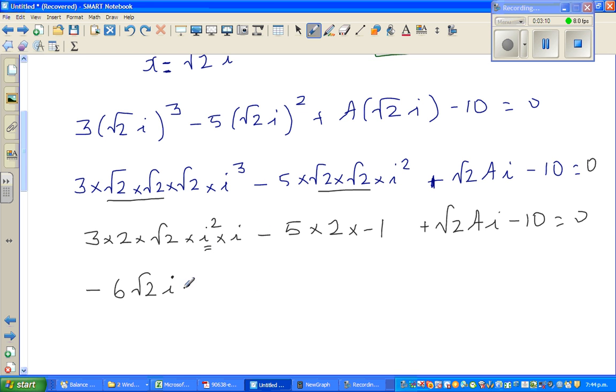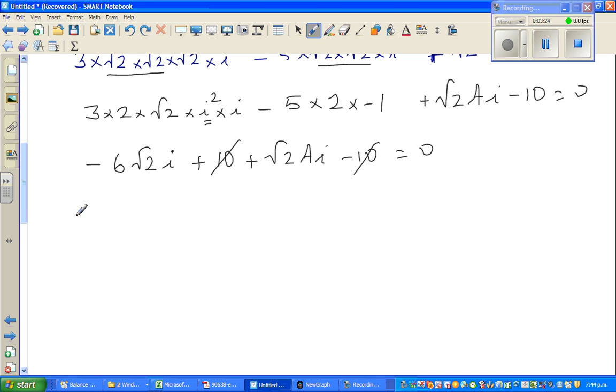Then negative times negative becomes plus 10, plus root 2ai minus 10 is equal to 0. The plus 10 and minus 10 cancel. You have root 2i times a minus root 2i times 6 is equal to 0.